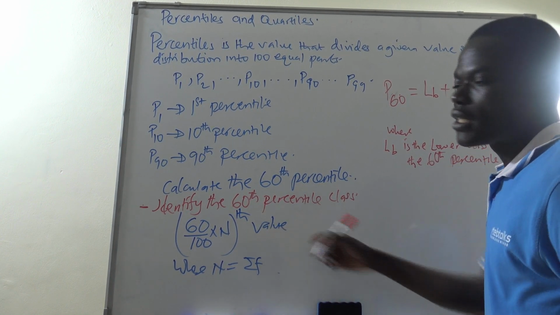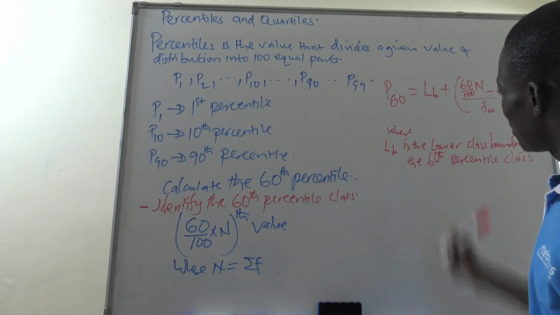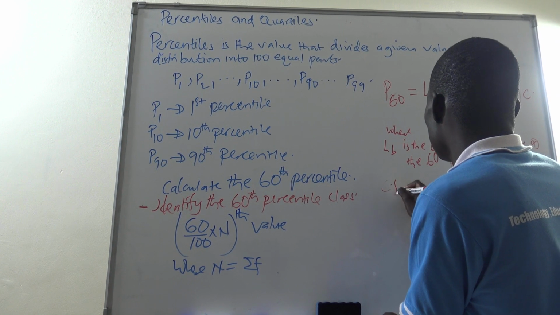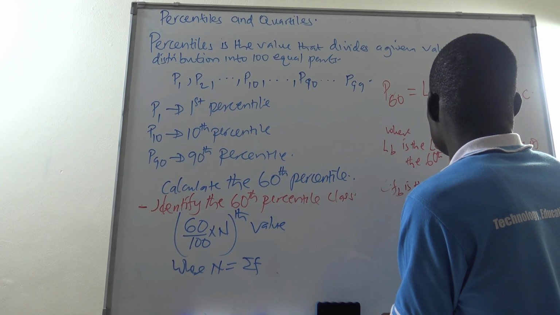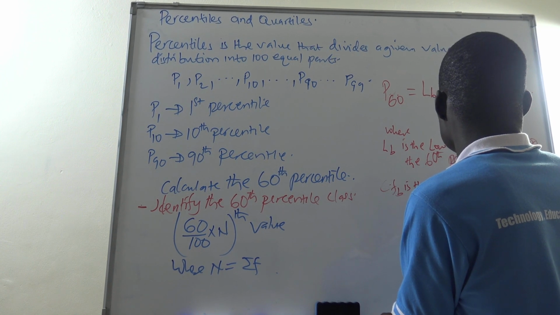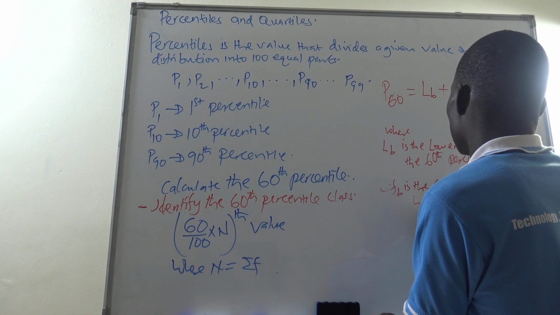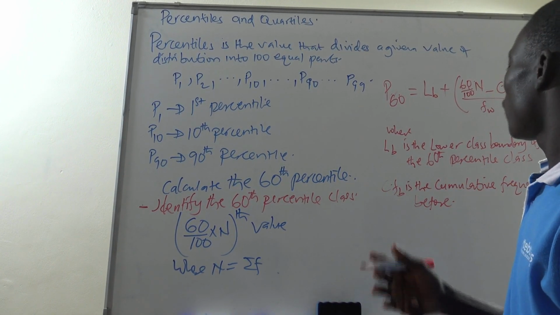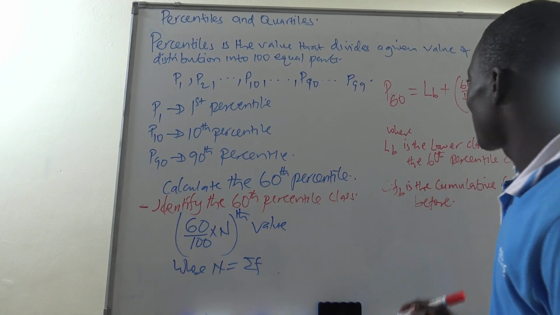After identifying this class, in that very class is where you get the LB. Then CFB is the cumulative frequency before the frequency which you have used for the 60th percentile class.